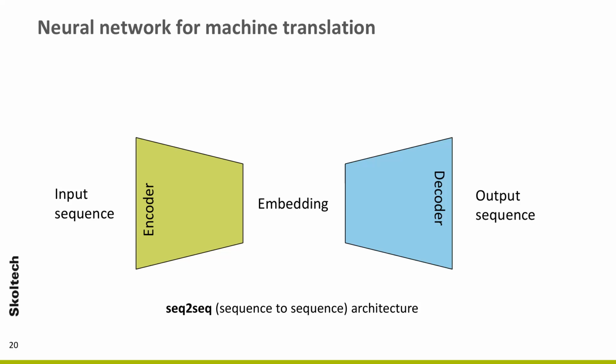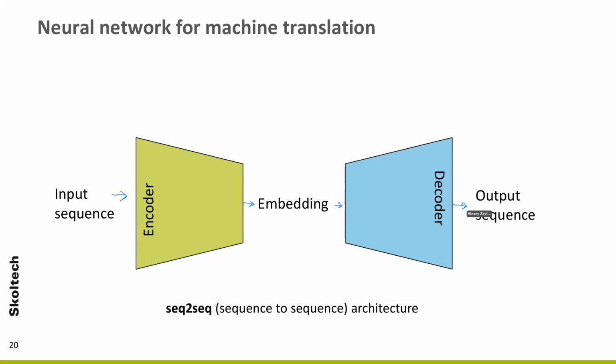And so what is the basic idea here? We have these two neural networks. The first one is the encoder. The second one is the decoder. If we process our input with the encoder, we have an embedding. If we process the embedding with the decoder, we have output.